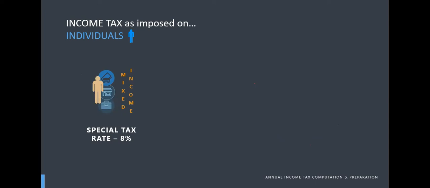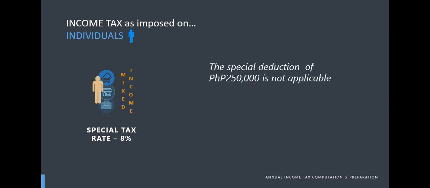Next, in the case of individuals who have mixed income, the special deduction of 250,000 is no longer applicable for the computation of income tax under the income from business and profession.